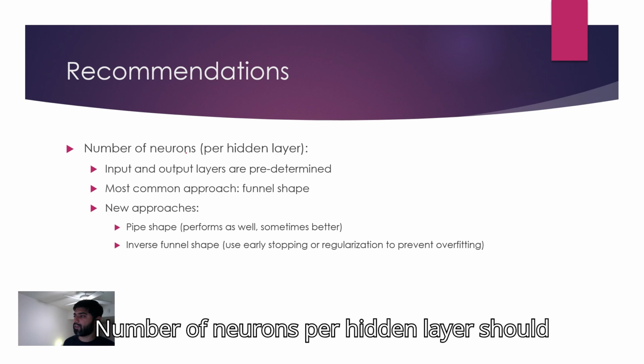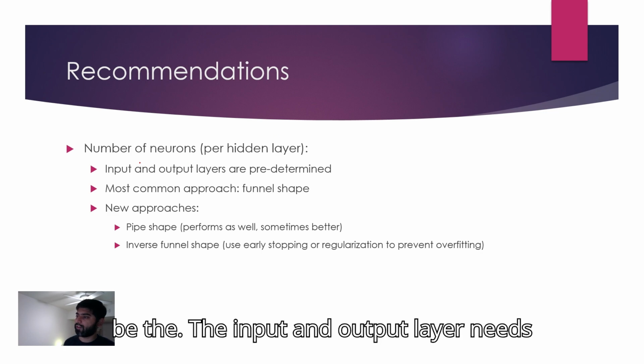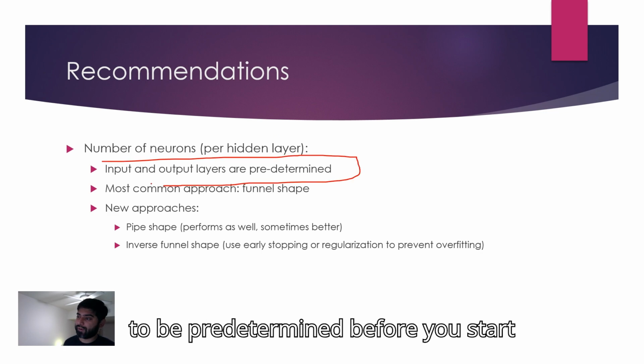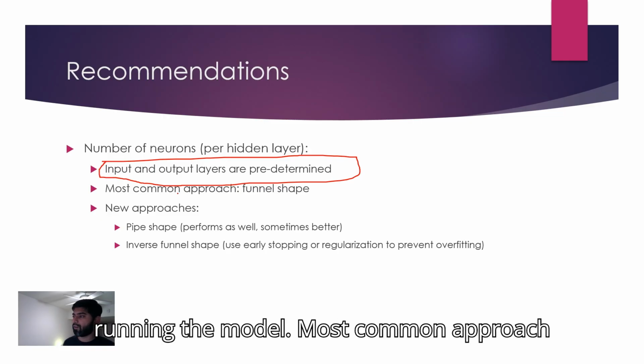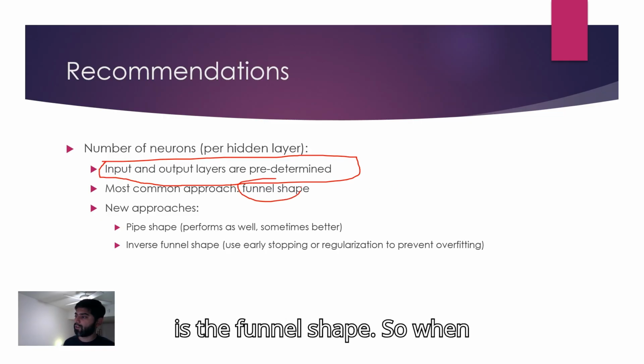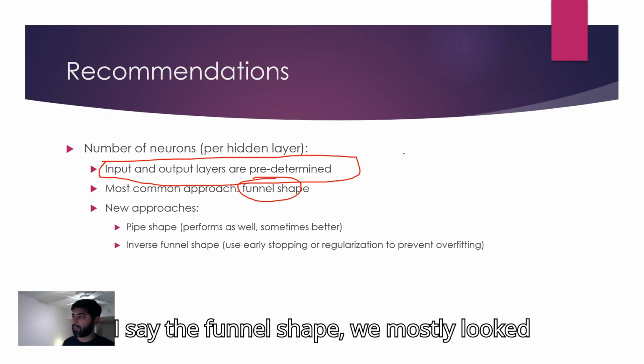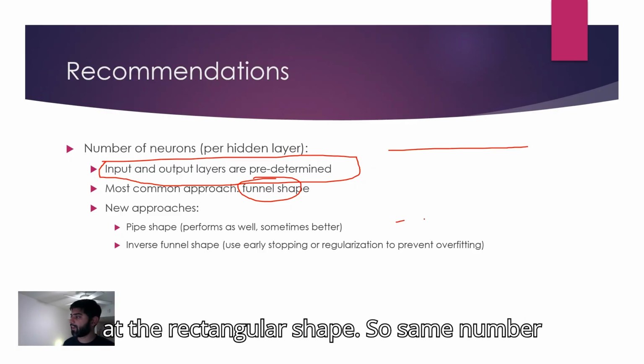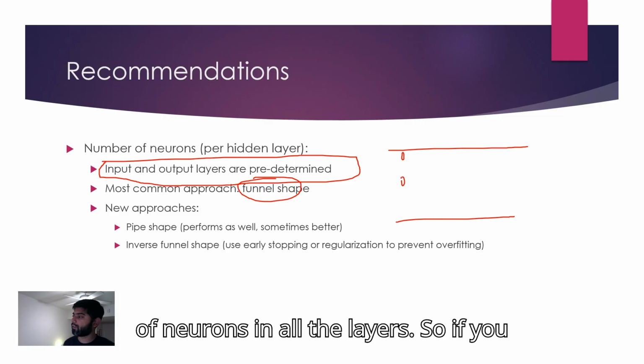The number of neurons in the input and output layers needs to be predetermined before you start running the model. The most common approach is the funnel shape. When I say the funnel shape, we mostly looked at the rectangular shape, so the same number of neurons in all the layers.